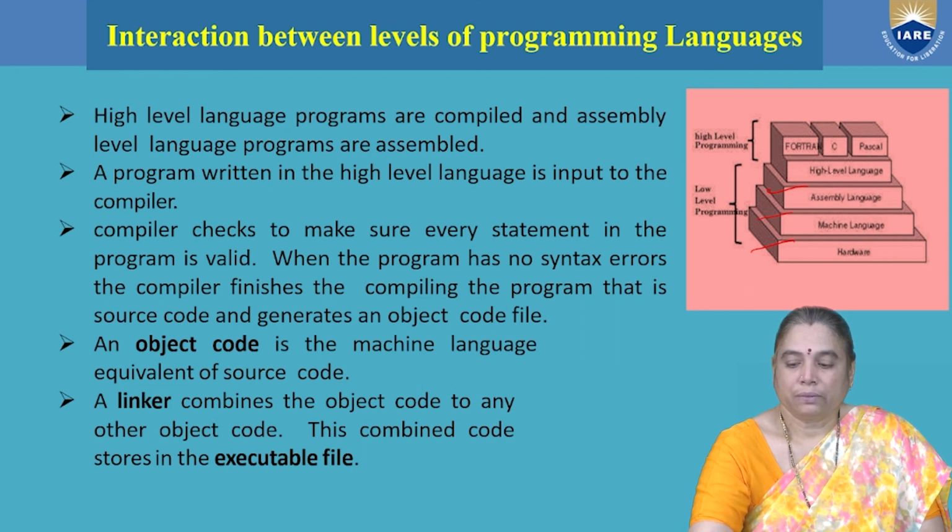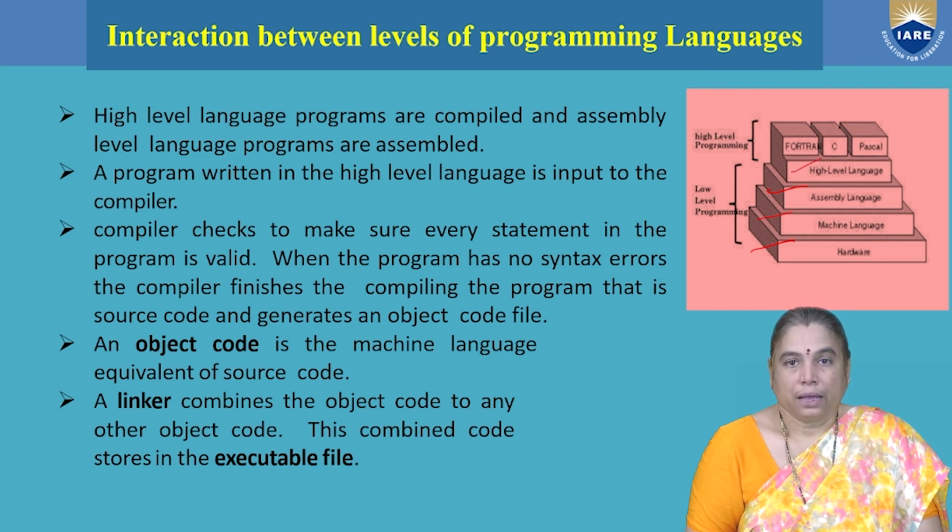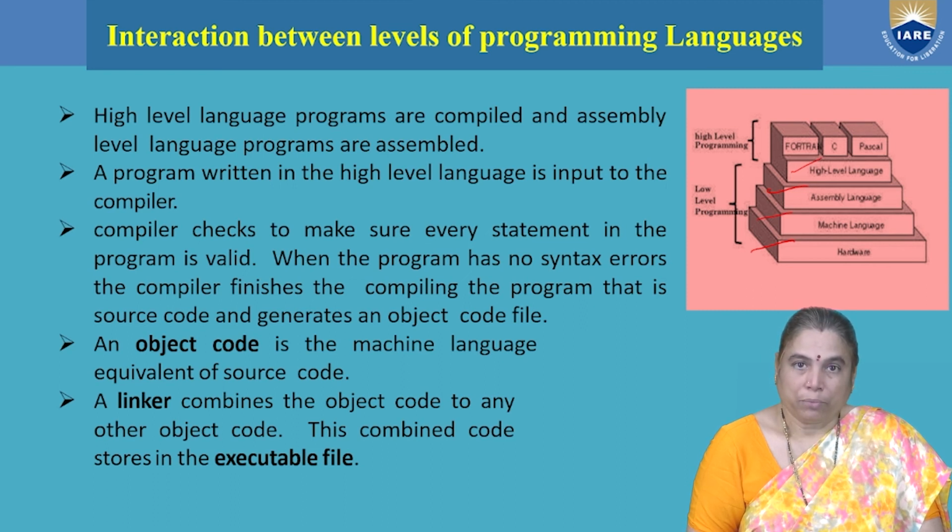On the top of this, the high level language code can be placed, and it is very close to the natural language and it is a very user friendly level of programming language, so that the user can easily code and can easily understand and debug the program code.